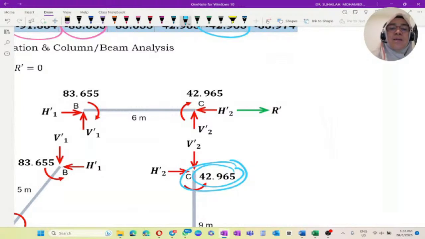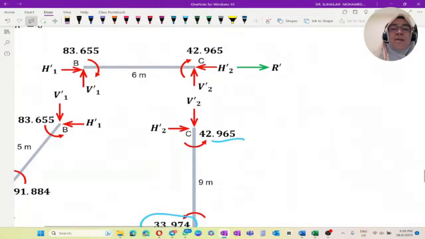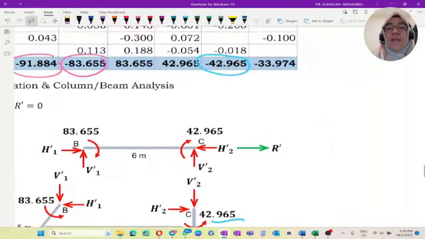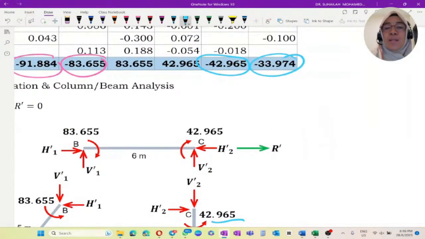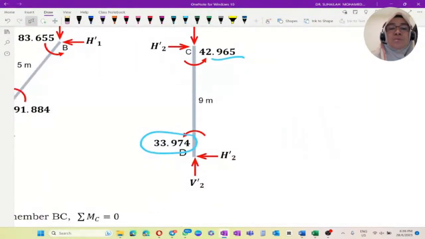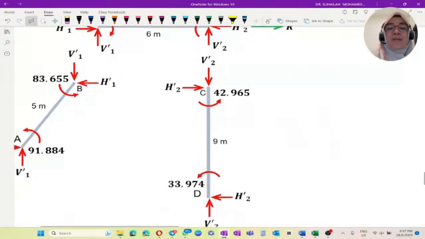This one is negative, so in the diagram it is represented by a counterclockwise moment, and negative 33.974 is M prime DC. So at D we have 33.974, which is negative, represented by a counterclockwise moment. So this is diagram CD.